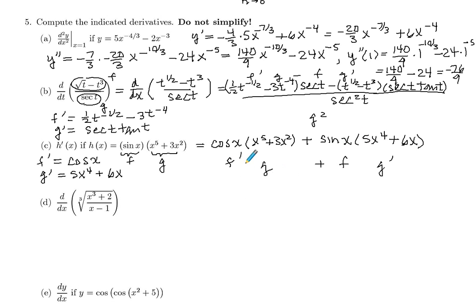Done. We don't have to simplify. Okay. If you want to insert some extra parentheses around your trig functions there, that's okay. So we had a quotient rule, we had a product rule.